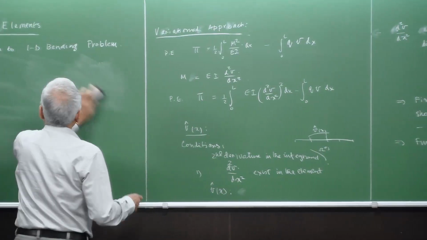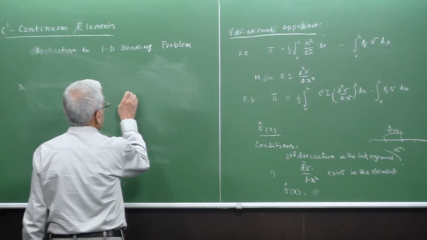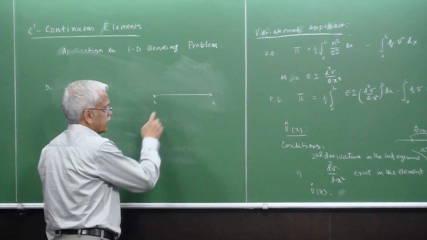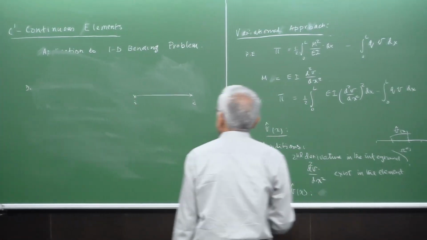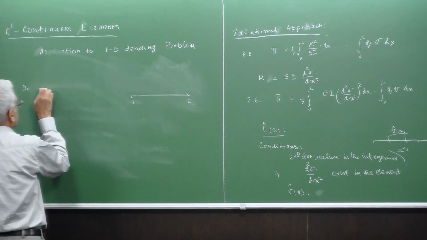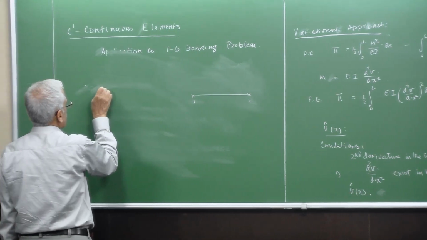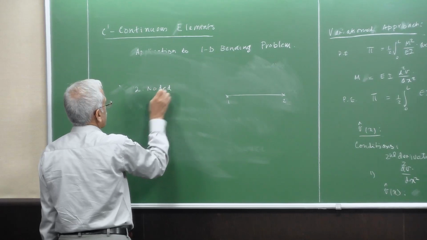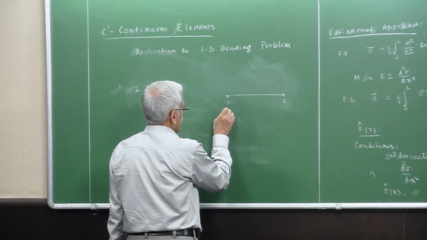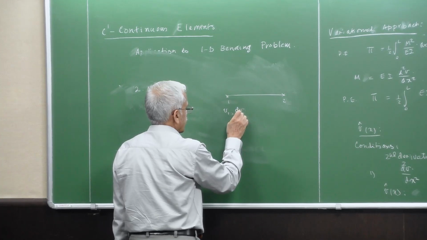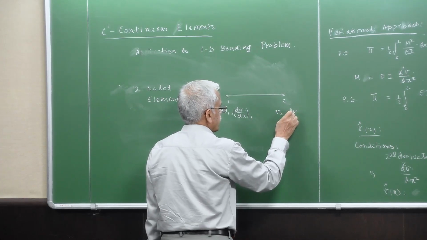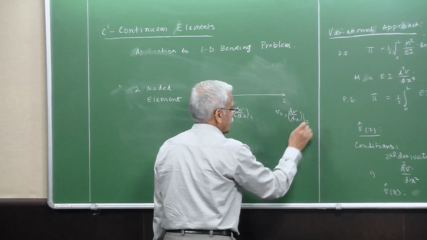So assuming that we have a two-noded element, nodes 1 and 2, what we take here is v1 and dv by dx at node 1, and v2 and dv by dx at node 2.